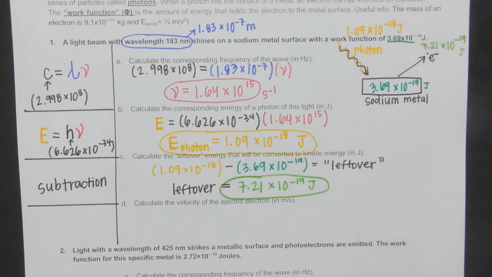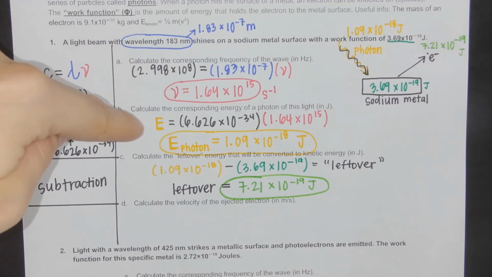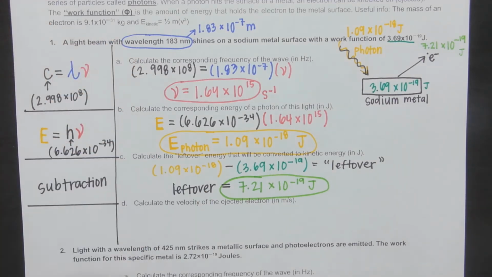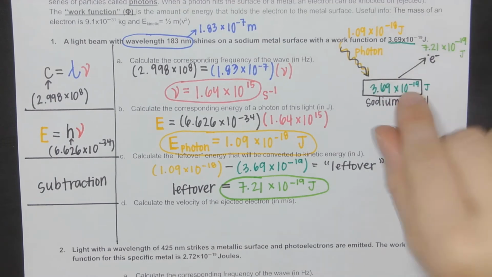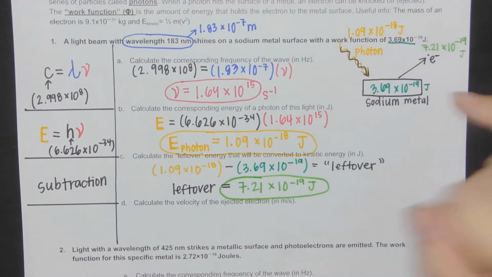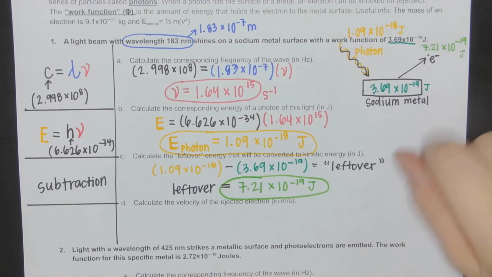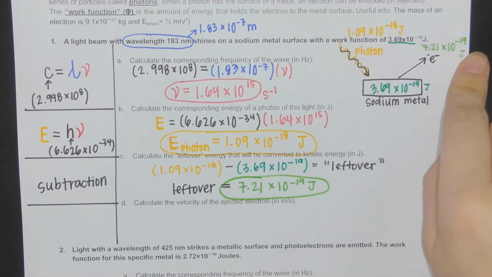All right, so pause the video if you need to write that down, but basically we had the wave, we had information about it, we figured out the energy of the wave, we subtracted out the cost of the impact, and now what we have is the energy of the electron going whoop, like yeet right off.